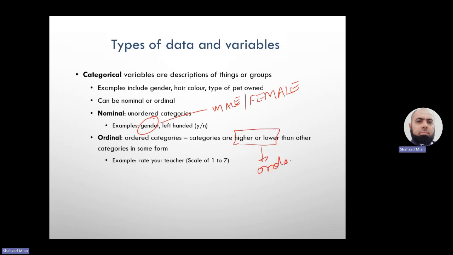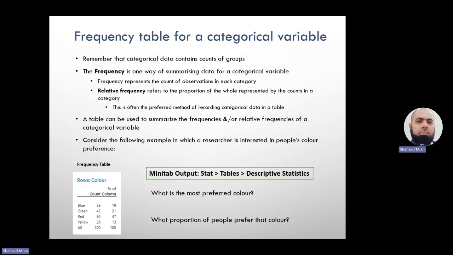Coming to the next point, the frequency table for a categorical variable. Frequency means repetition, how many counts there are in a particular data set. Frequency tables are usually used for summarizing data for a categorical variable, and they represent the number of observations in each category. Relative frequency, on the other hand, is the proportion of the whole represented by the counts in a category.